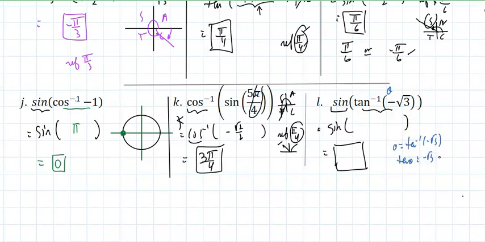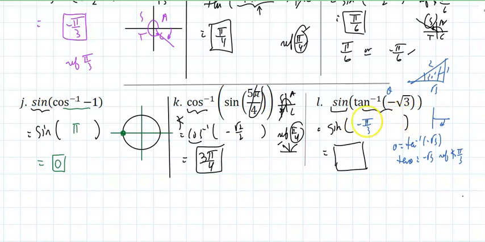What is my angle, or reference angle I should say? My reference angle is tangent equal radical 3, 60 degrees, or pi over 3, right? Except inverse tangent is negative pi over 3.